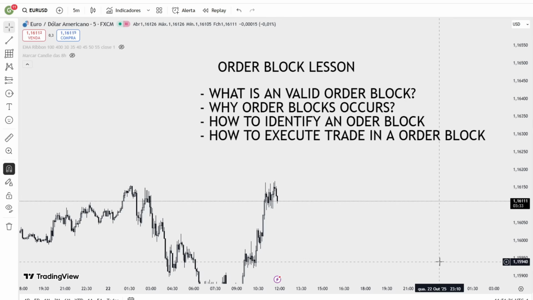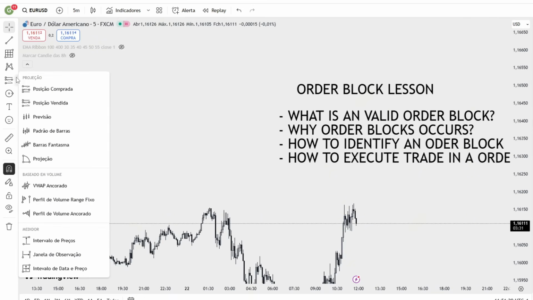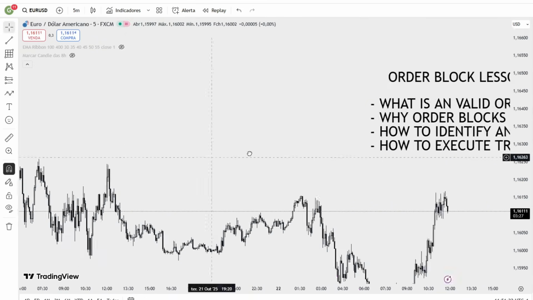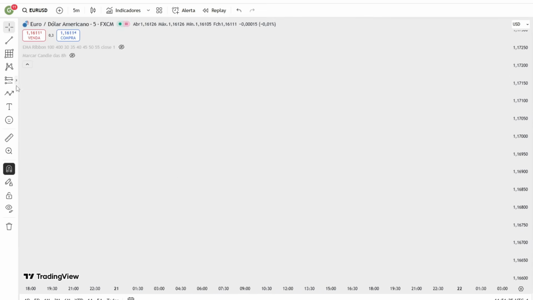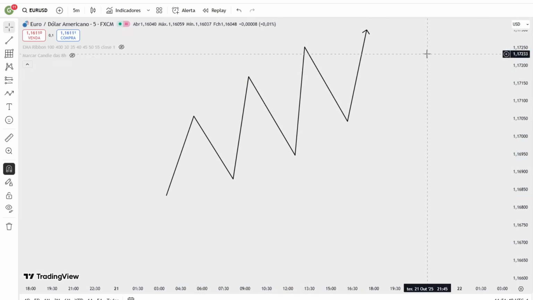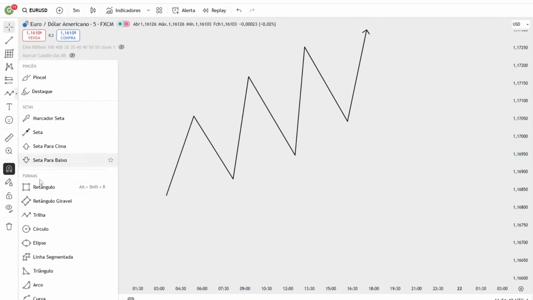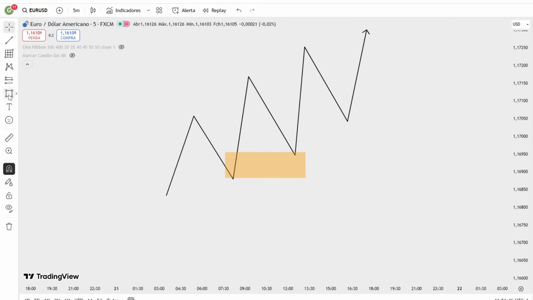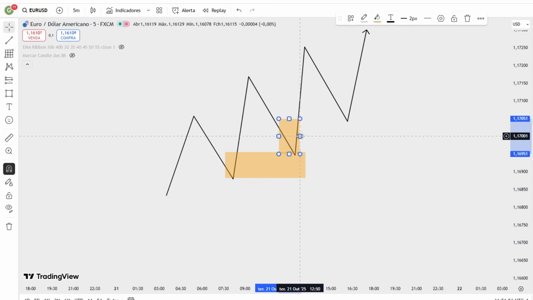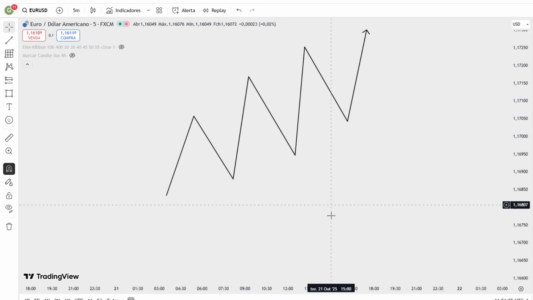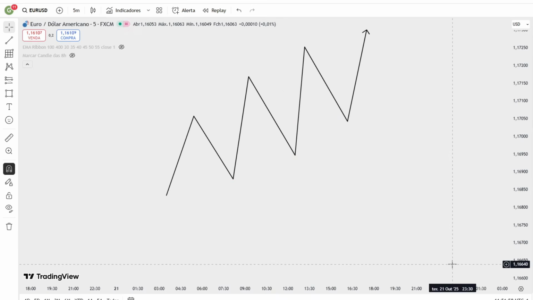Okay, so that idea that most guys try to sell you, I'm going to draw here for you guys, that you have order blocks in this kind of situation here, right? It's completely wrong. Okay, this isn't an order block, and I'm going to explain why.